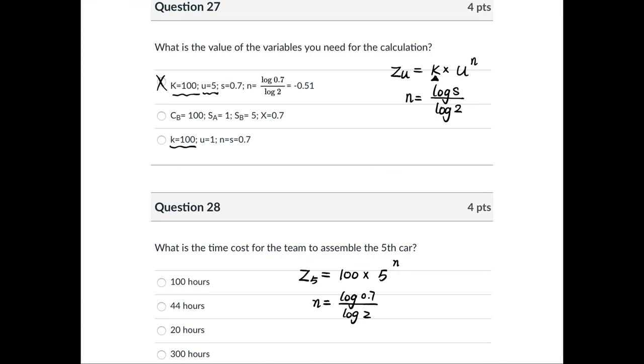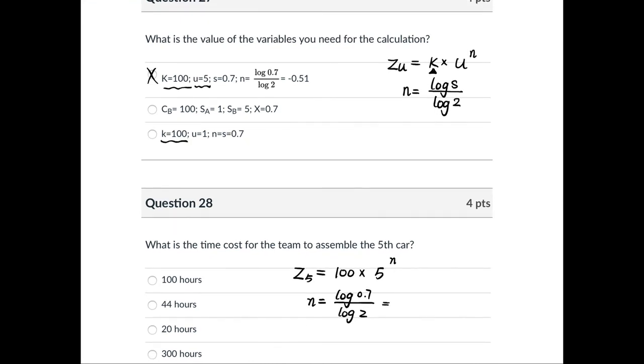Okay, and if you calculate, this is going to be negative 0.51. So Z5 is 100 times 5 to the power of negative 0.51, which is going to be 44 hours. So this is your correct answer.